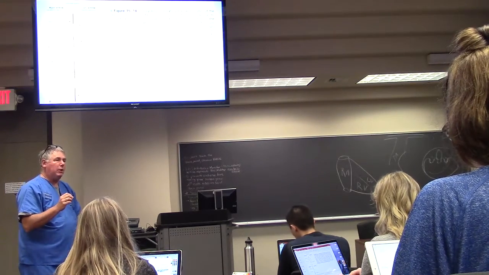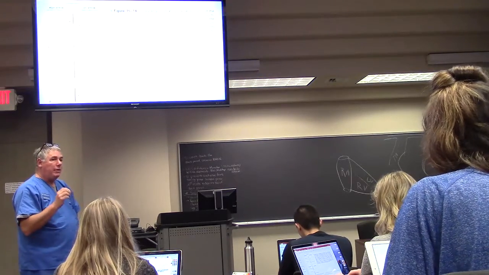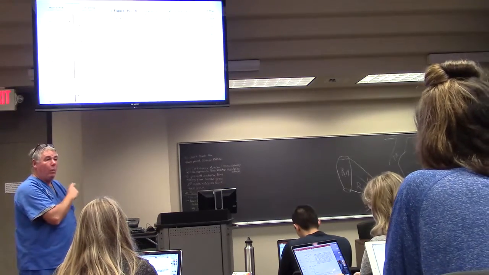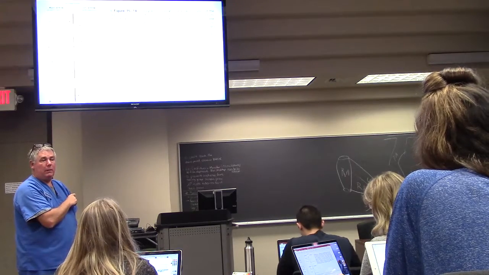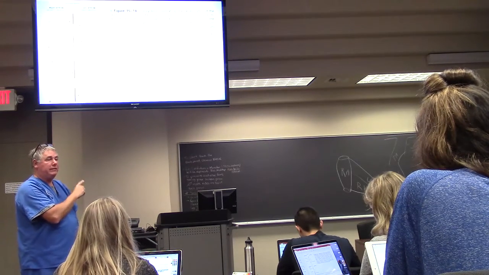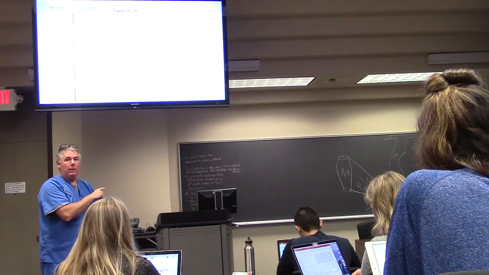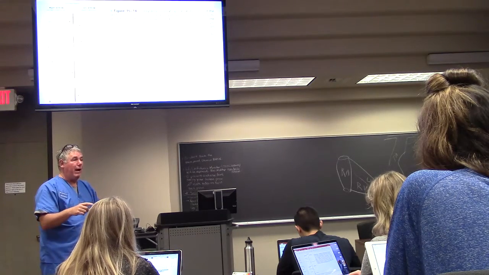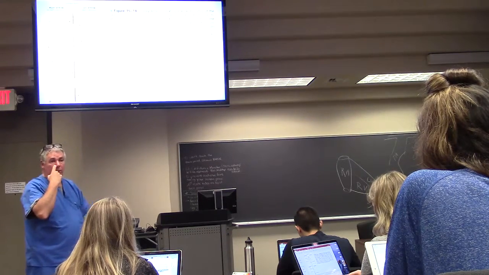So tomorrow, when we start talking about congenital defects, there are times where we don't want that to happen. We want this thing to stay open because that's the only way you're going to survive. And I'll go through that tomorrow, okay?